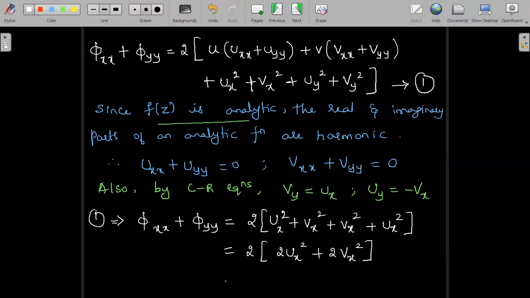Can again take 2 common and write it down as 4 into ux square plus vx square. So I'll be in need of this equation. I'll call the earlier one equation 1 and this equation 2, I'm sorry. And the left hand side is nothing but phi xx plus phi yy is equal to 4 into ux square plus vx square. Okay. I'll call this as equation 2.